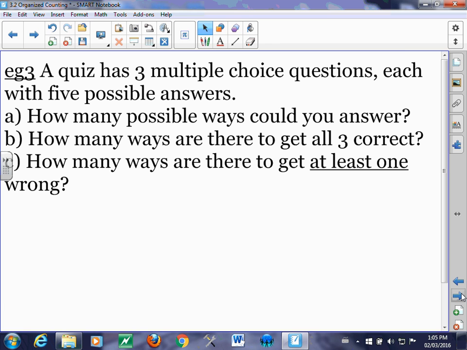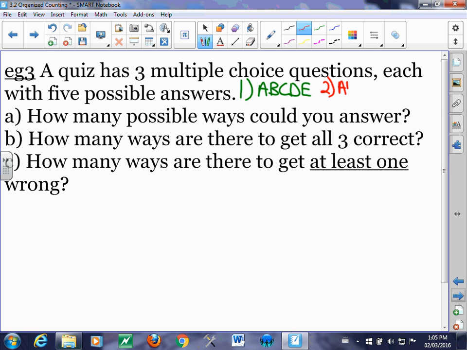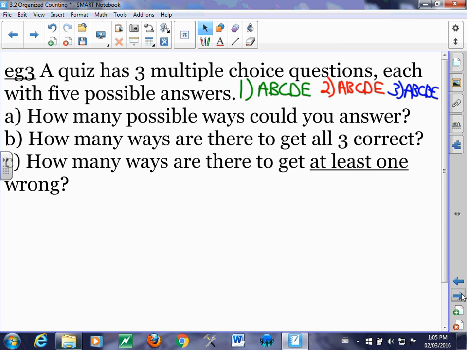So I've got question 1, you could answer A, B, C, D, or E. I have question 2, and you could answer A, B, C, D, or E. And I have a third question, and I could answer A, B, C, D, or E. So 3 questions, and we're going to get visual about this.